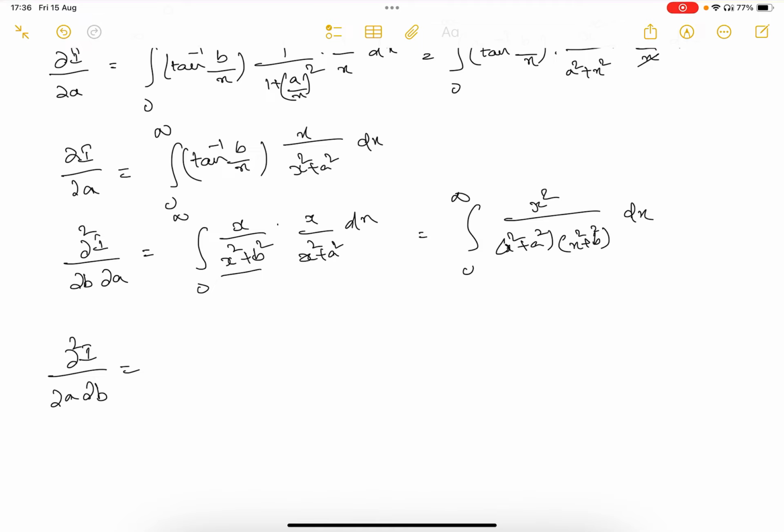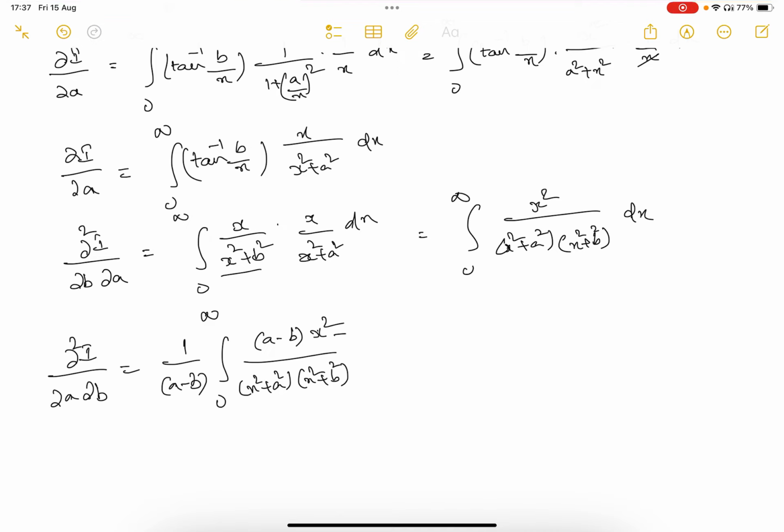Then let's do a trick here. Integral 0 to infinity, let's multiply by a minus b and divide with a minus b. Right? Can we do some simplification? No, right? So let's do one thing.